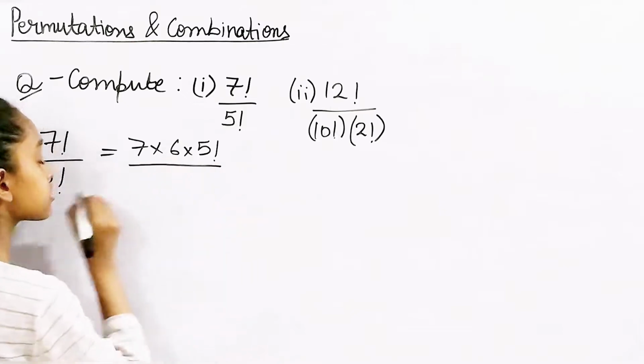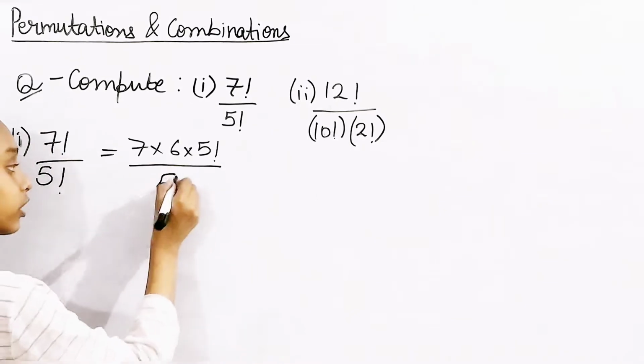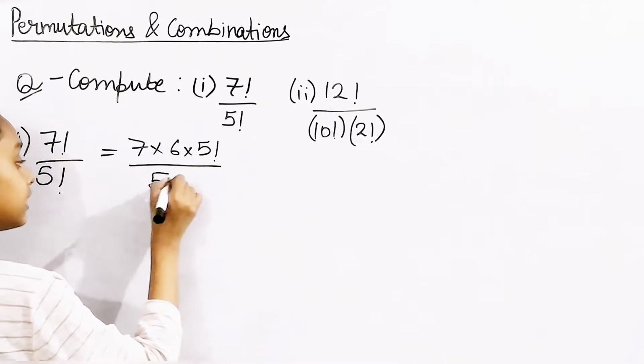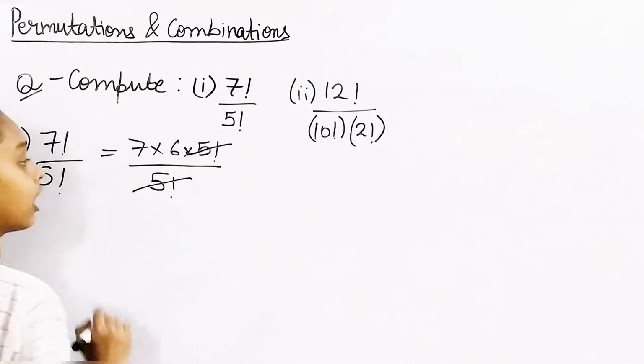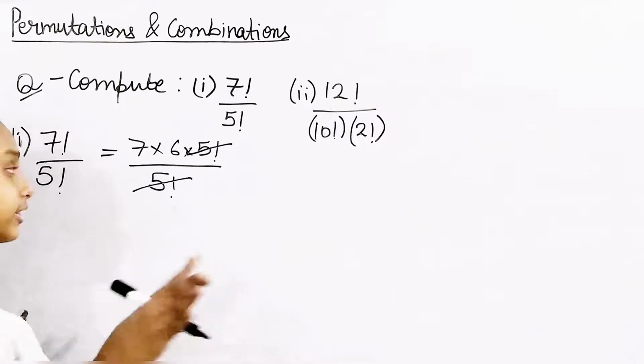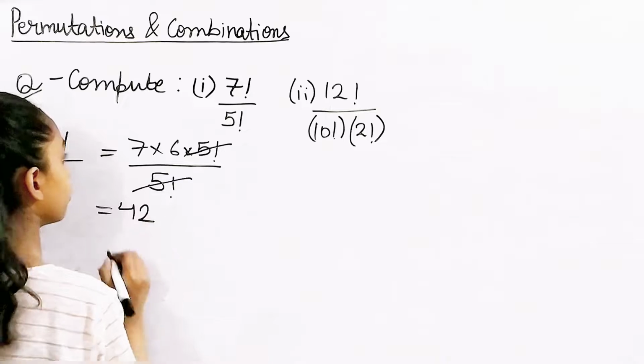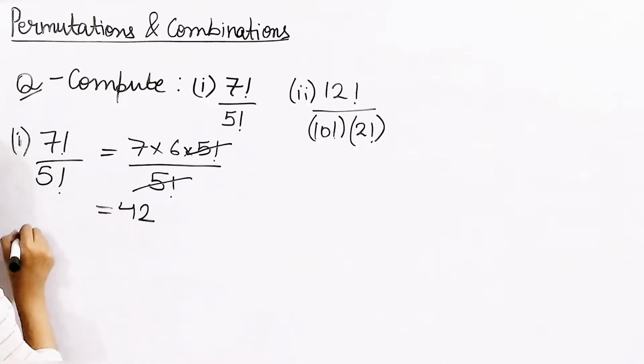So I don't have to write it. Here in the denominator 5 factorial is given, so I'll directly cancel it. What's left? 7 into 6, which will be 42. So our answer is 42.